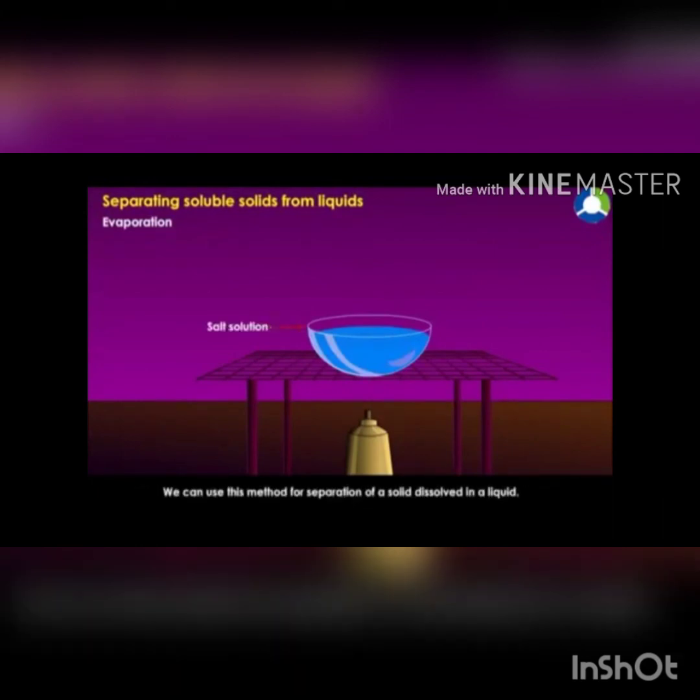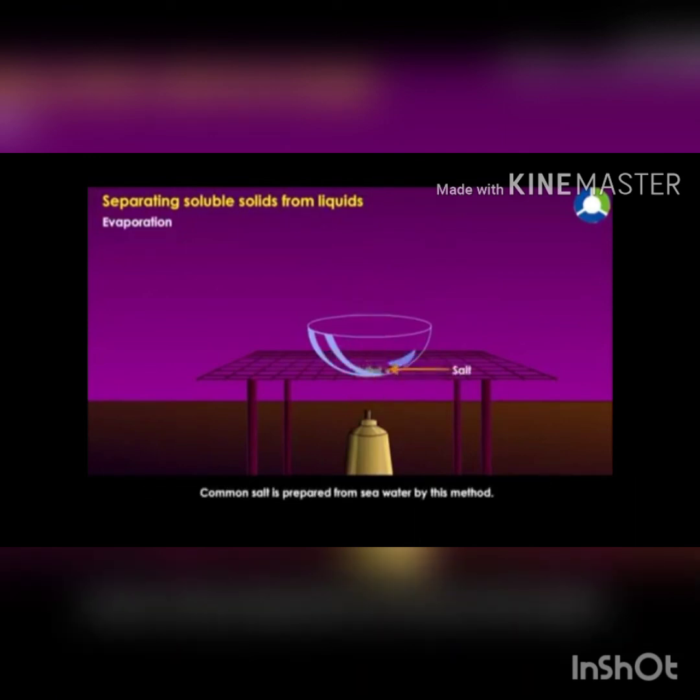We can use this method for separation of a solid dissolved in a liquid. Here, when we heat the solution, the liquid evaporates, leaving the solid behind. Common salt is prepared from seawater by this method.